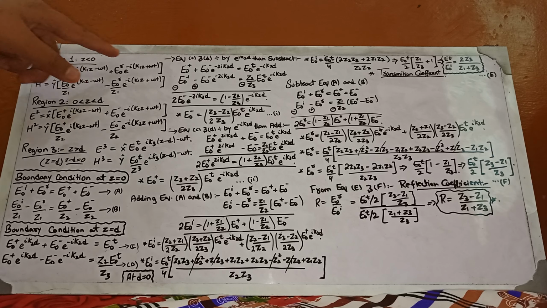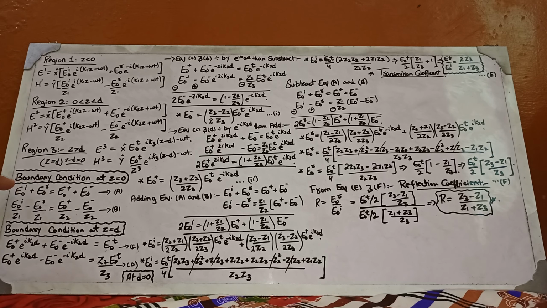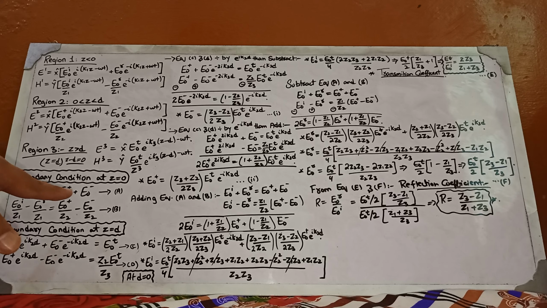You will only be left with this, because you know that the tangential components of the electric field E are continuous, or equal. That's why you equate both. If these tangential components were not equal, you would not do this procedure.